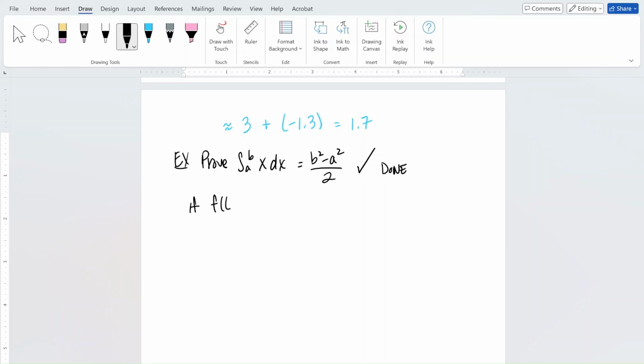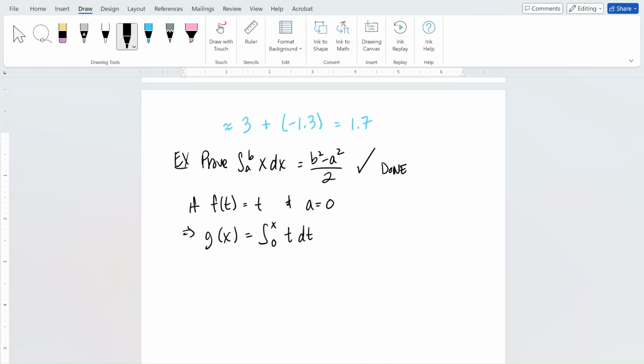If your function f of t happens to be t, and your a happens to be 0, well, what does that mean my g of x is? Generally speaking, it was the integral from a to x, but a is 0 now, and I'm going to x still, of my function, which is t, dt.